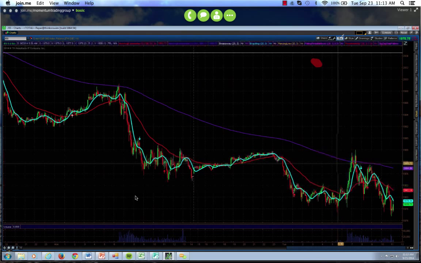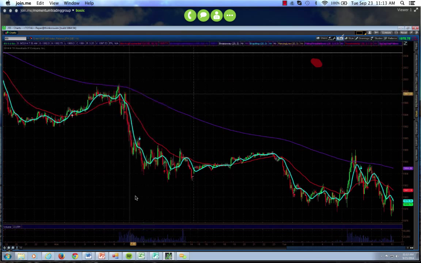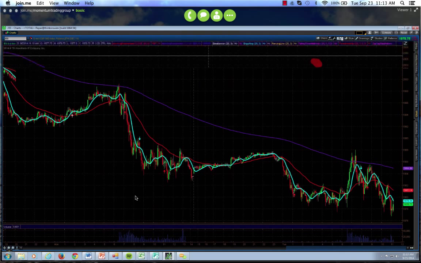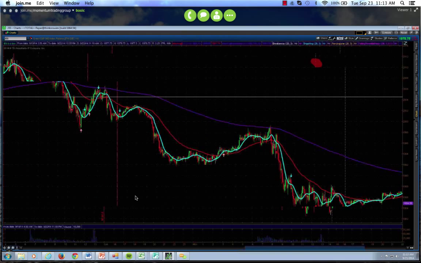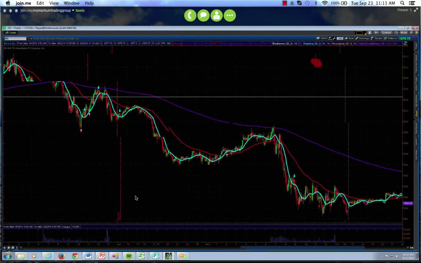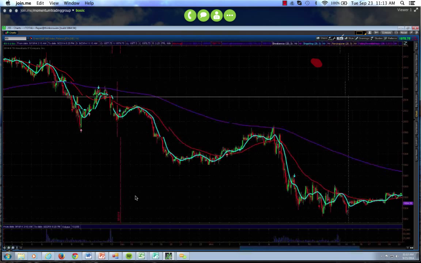Okay. Now you can see, if you scroll back through here, notice that the majority of the time, price stays below this purple line. See how it comes right up into the purple here and hits its head?